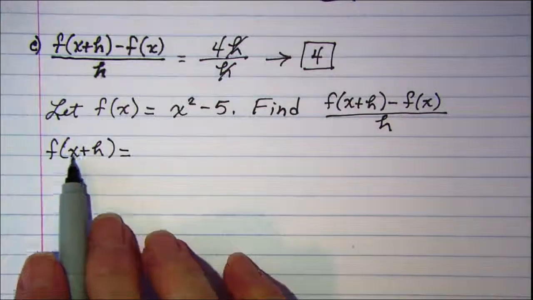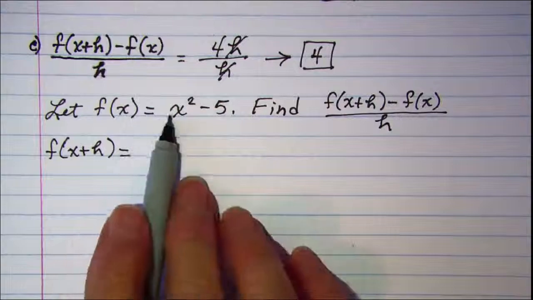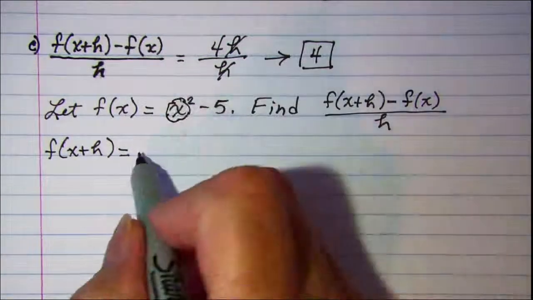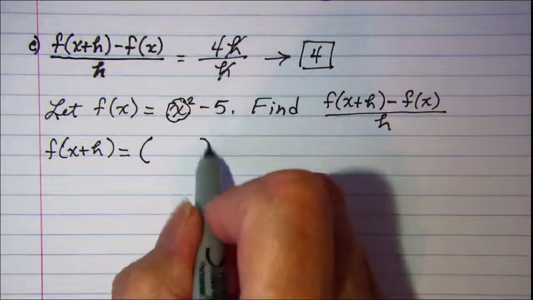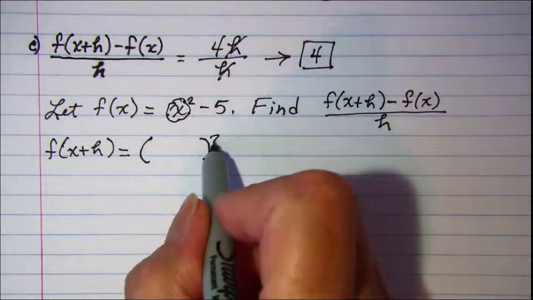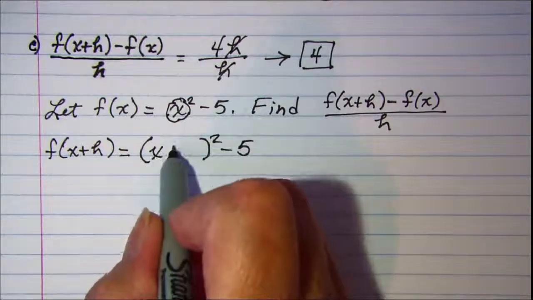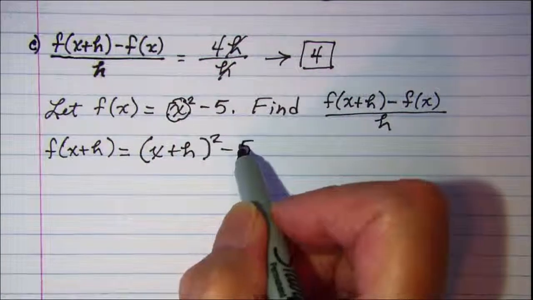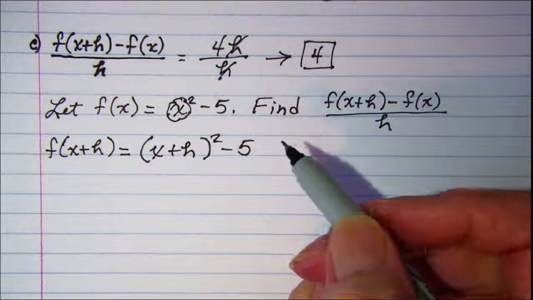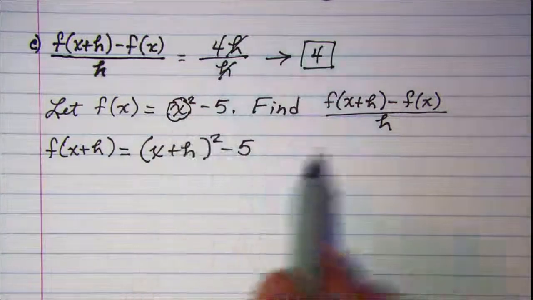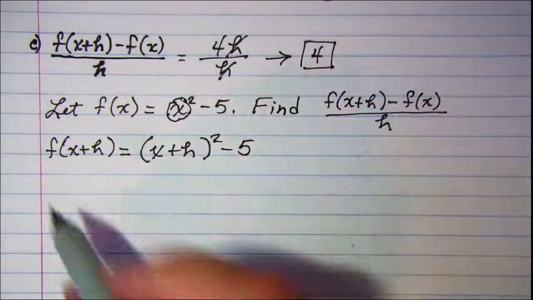Again, remember you're going to put x plus h in here in place of x. So I have that expression squared minus 5. X plus h, quantity squared. And then let's find the numerator of our difference quotient.